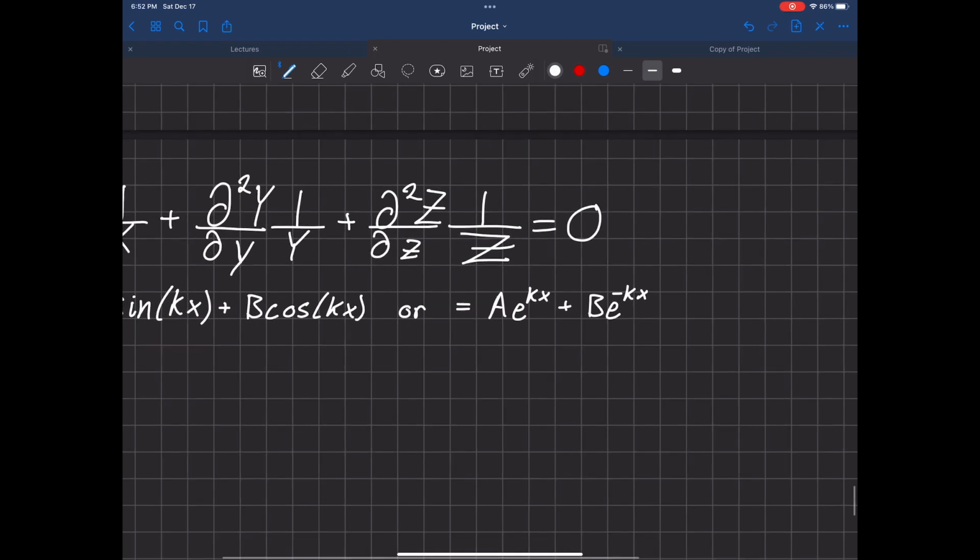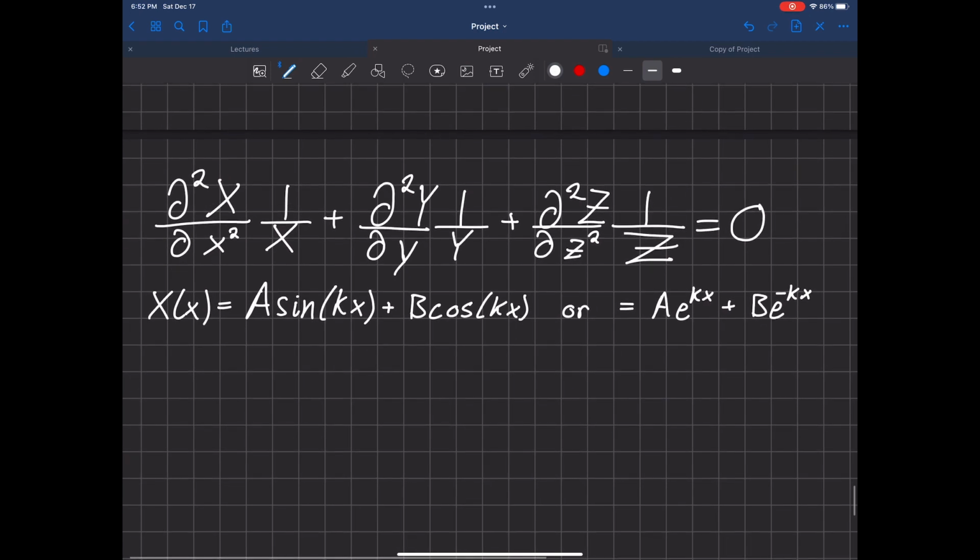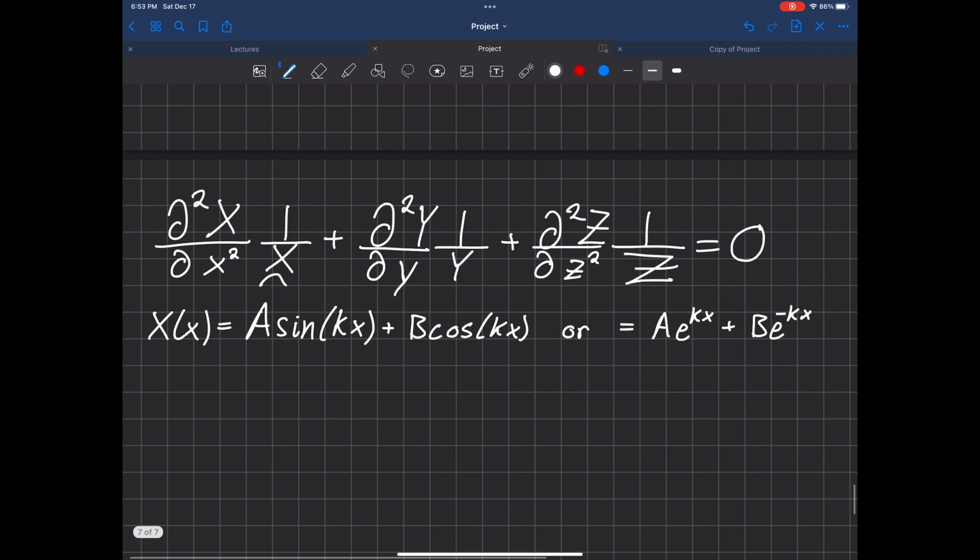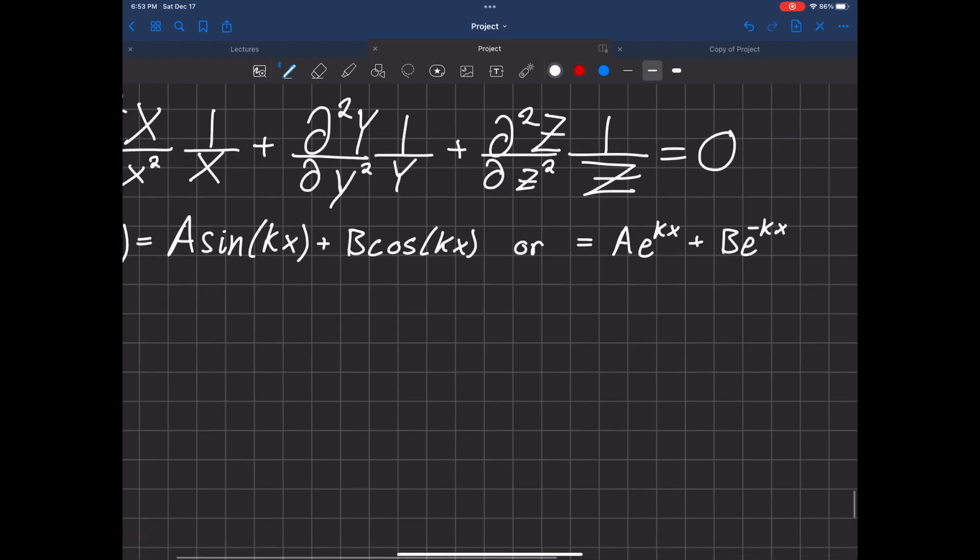And if you take the second derivative of this X function, of either one, either the sine, cosine, or the e's, and then you divide it by the same function, you will get a constant, right? So these are the two types of functions that will do that.